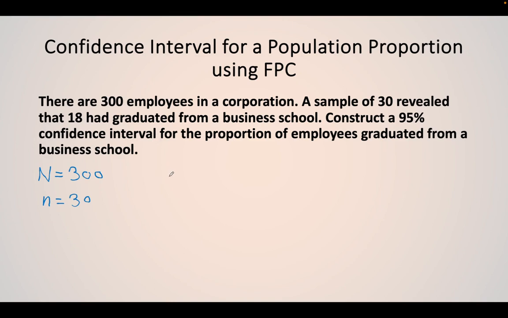Look at here. Because I have a finite population, I need to check the proportion between sample size and population size. It's 10%, which is more than 5%.